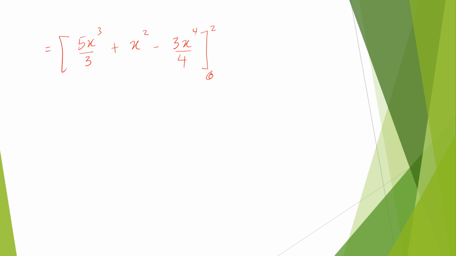Then substitute the values 2 and 0. 0 minus 0 plus 0. Then you will get the answer 16 over 3.